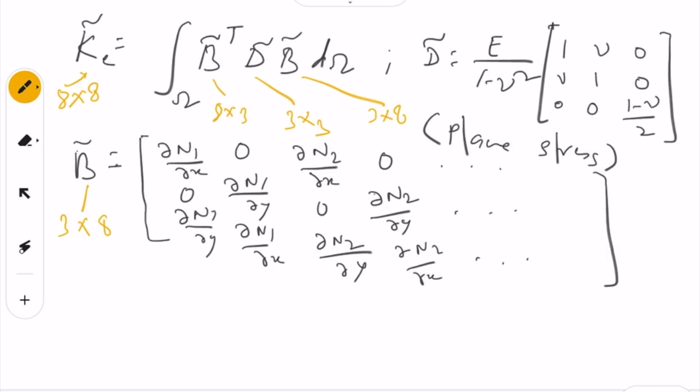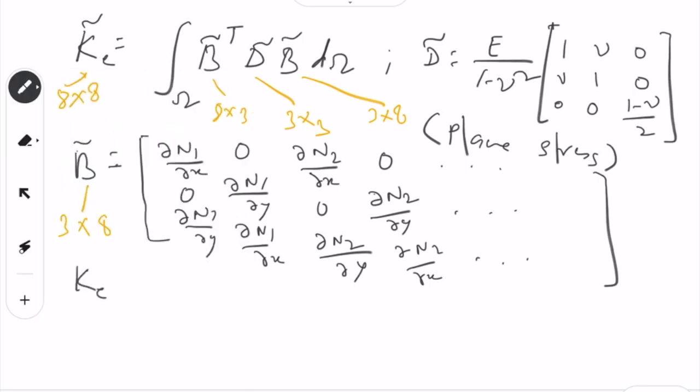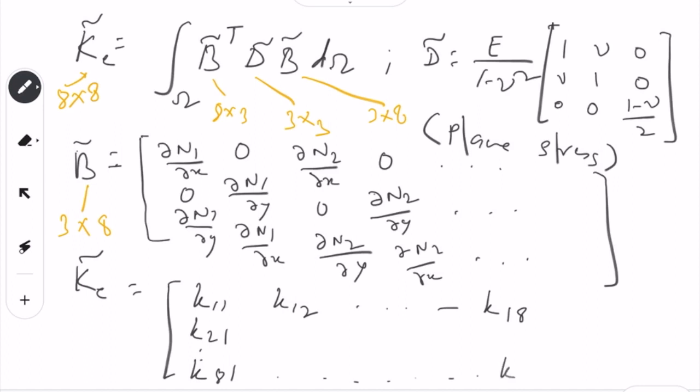Now, say K E tilde is equal to K11, K12 till K18, and K21 equal to K12, we know that, and so on, till K81, and K88.